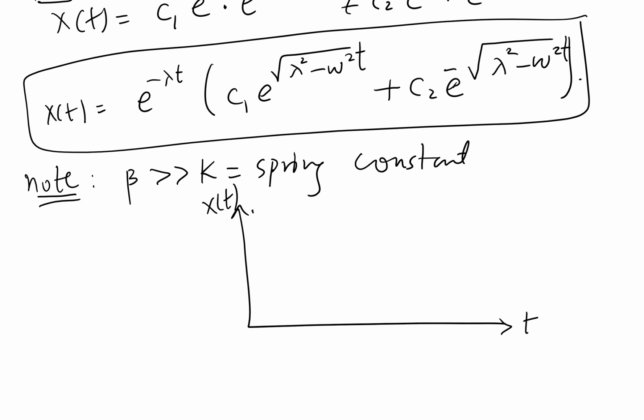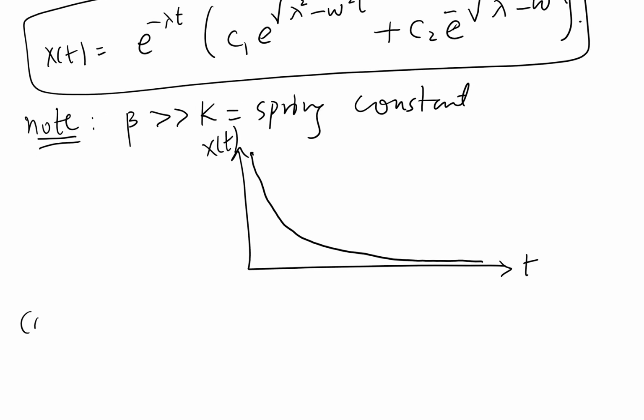As it keeps going in motion, it's going to go down, down, down, and eventually it's going to die. So that's what overdamping means. Overdamping means at some point there's going to be no oscillation at all, and it's just going to flatten down to zero. That's the first case.